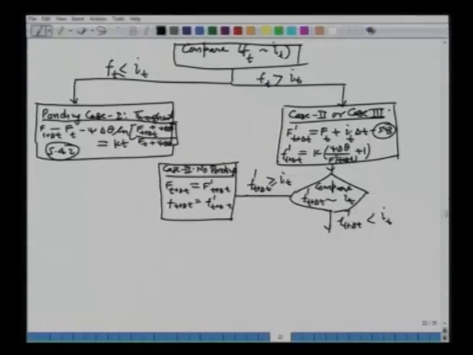So, this is your case 2, and then what is the case 3? This is obviously your case 3, the last one, in which you have the ponding partways, where the ponding starts somewhere in between.